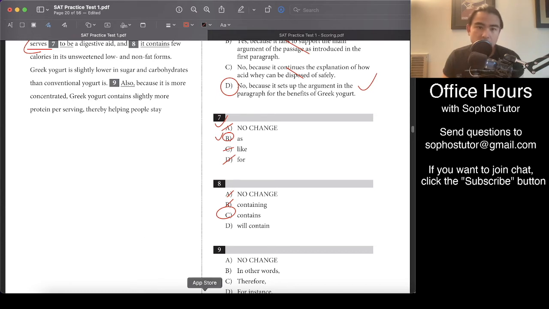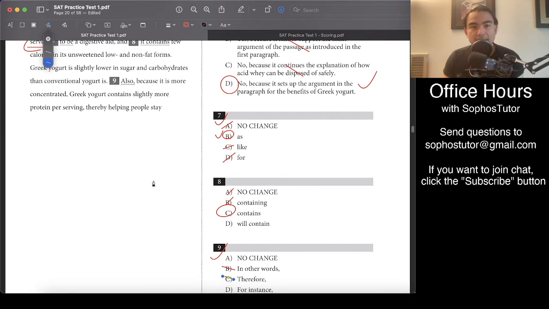Okay, B, in other words, actually, I should say that this is a soft yes. In other words, are we rephrasing the previous sentence? No, this is a completely different idea. Okay, therefore, does being more concentrated and containing slightly more protein per serving cause it to be slightly lower in sugar and carbohydrates? No.